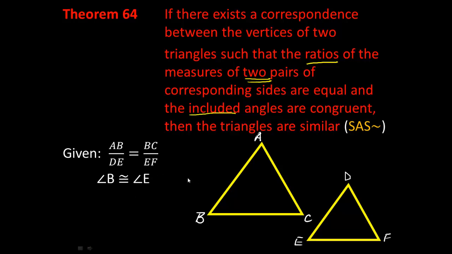Let's say we'd be given the ratio of AB to DE were equal to the ratio of BC to EF, we would also need the included angle. Included, remember, means in between. So we've got this side and this side, this side and this side, so it would have to be angle B and E. And if we had that, then we could prove that triangle ABC was similar to triangle DEF. Okay, I can't stress enough. We're proving similarity, not congruence.